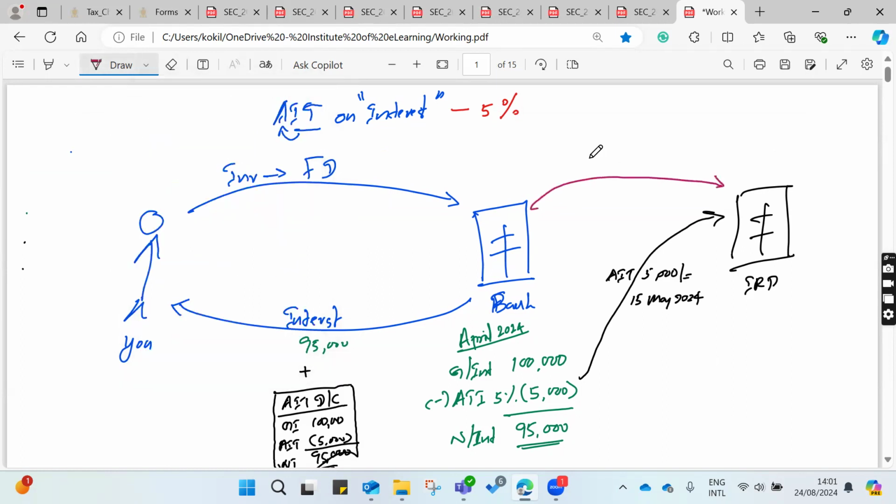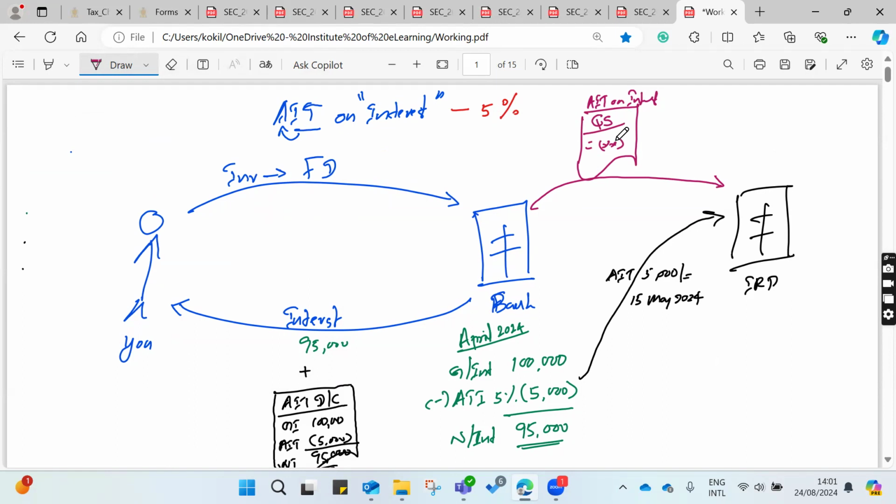a quarterly installment statement, a quarterly return. The bank will submit a quarterly statement on advance income tax on interest. All deposit holders' figures, how much interest and how much tax was deducted, they will declare in this particular return.